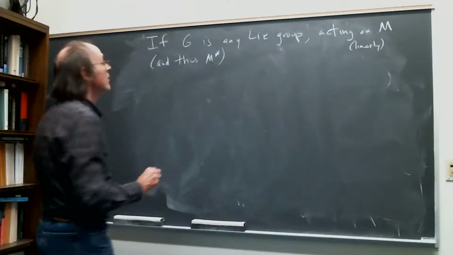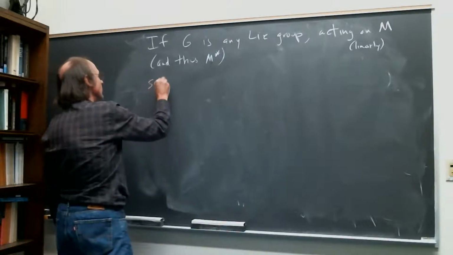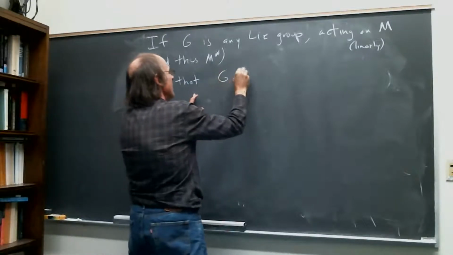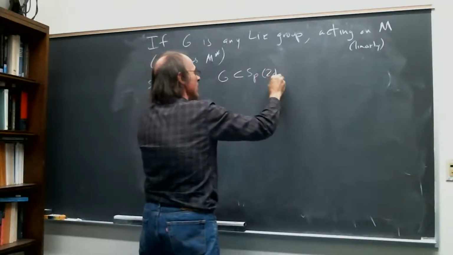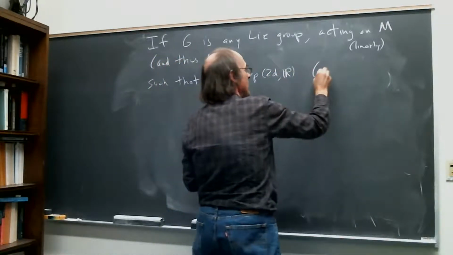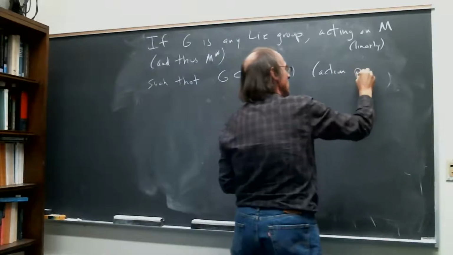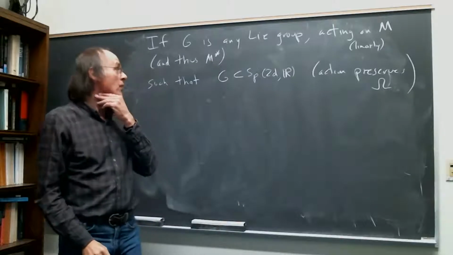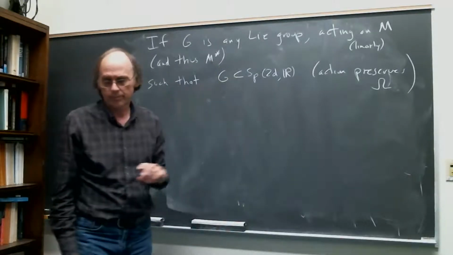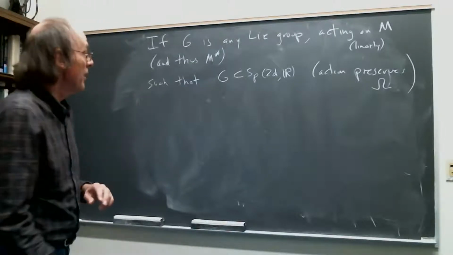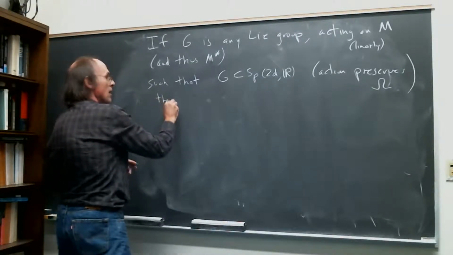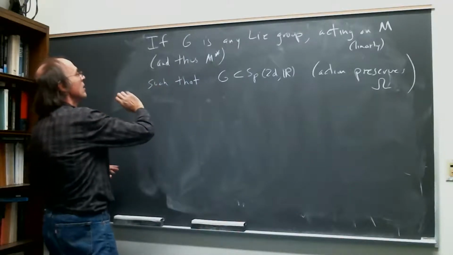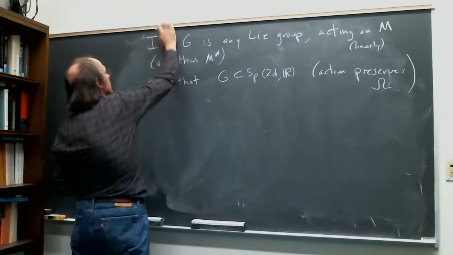So you have M such that G maps into Sp(2d, R). In other words, the action preserves omega. Okay, let me just say it this way.